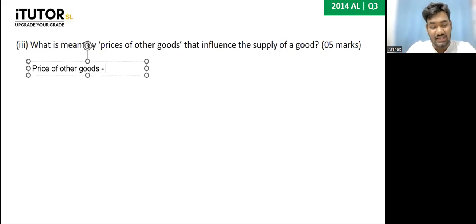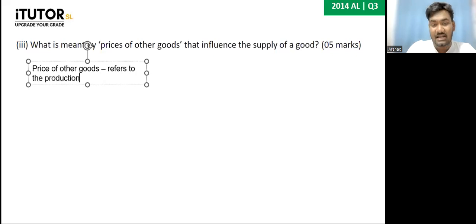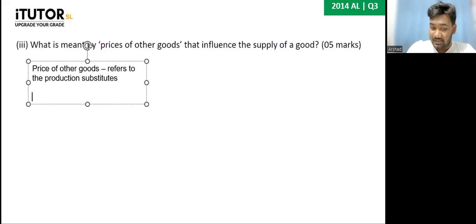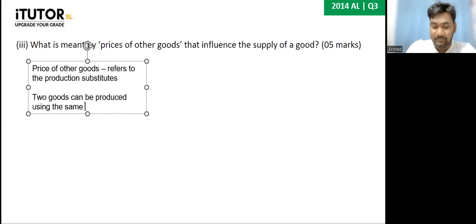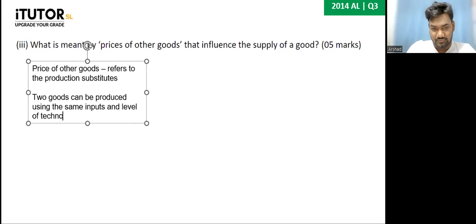Price of other goods, guys, remember, refers to the production substitutes. What are production substitutes? Production substitutes are two goods that can be produced using the same inputs and level of technology.